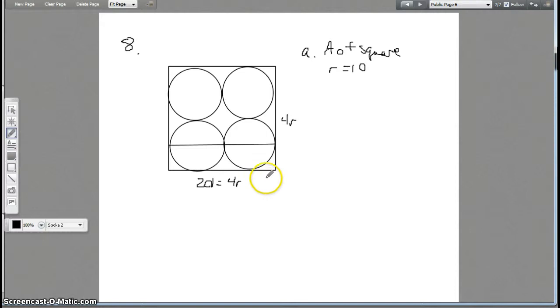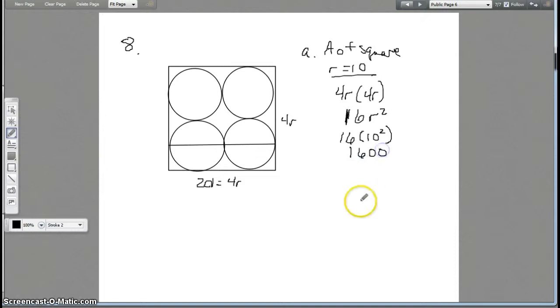And remember, when you are getting the area of a square, you multiply the lengths of the sides together. So the area of the square would be 4r times 4r, which is 16r squared. We also know that the radius is 10, so we can plug in 10 in place of r and say 16 times 10 squared. 10 squared is 100, so that means this has an area of 1600.